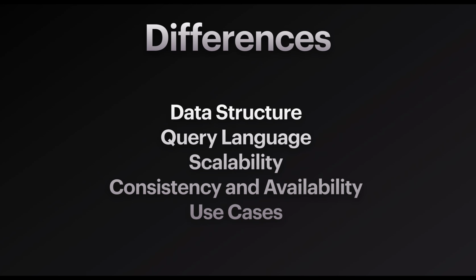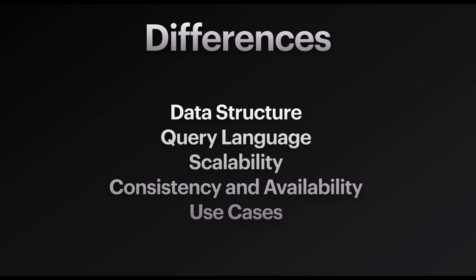But with NoSQL, there will be differences in how to get the data and, for example, how to save something, between each of the NoSQL languages. The next thing is scalability. SQL databases typically scale vertically, which means adding more power to the existing server, while NoSQL databases scale horizontally, meaning that they can handle much more traffic and we can add more servers to the database.